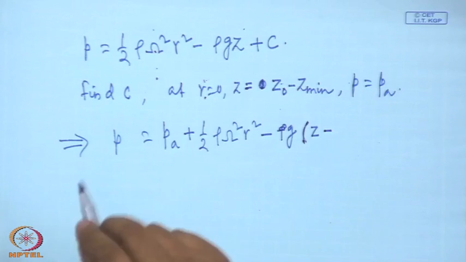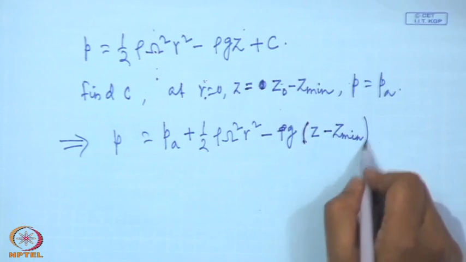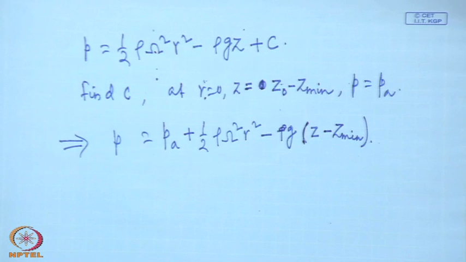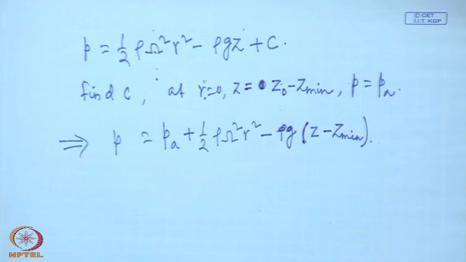I am writing that z first, z minus z min. And what is this hydrostatic pressure at z naught? At z naught the liquid depth is 0.